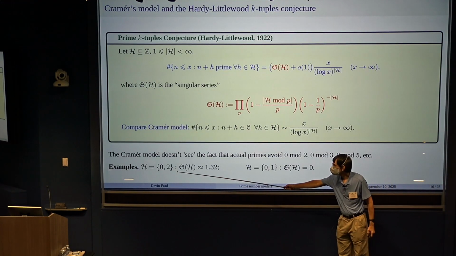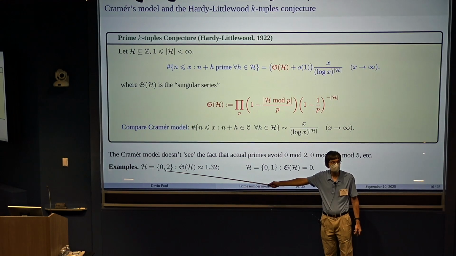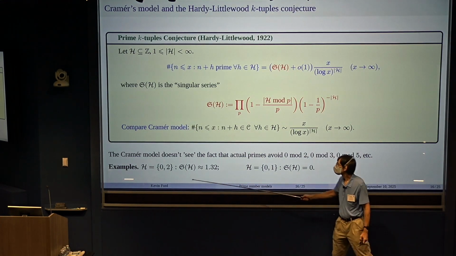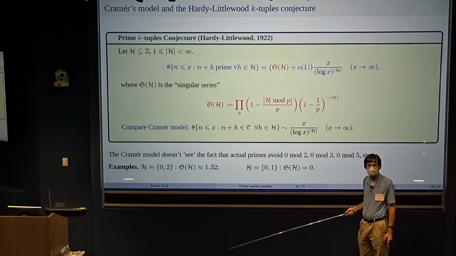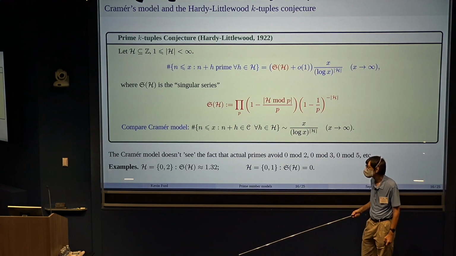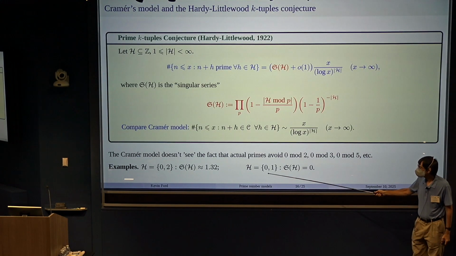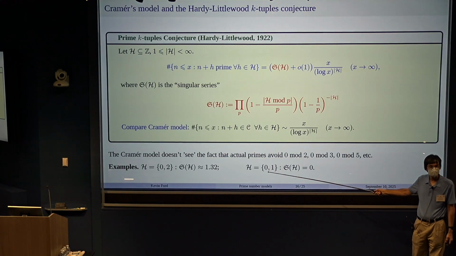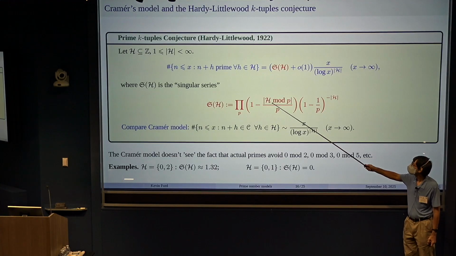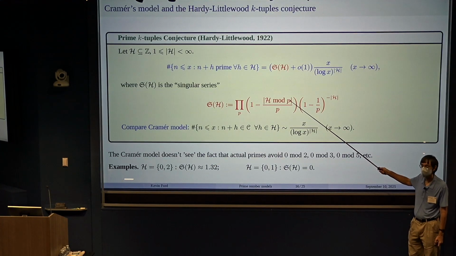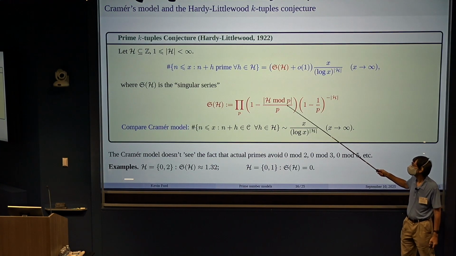If H is the set {0, 2}, that's for counting twin primes. The twin prime constant, which is this, is about 1.32. That's not 1. And if H is {0, 1}, of course, then because if you look at the prime 2, there are 2 residue classes mod 2, this first factor is 0.